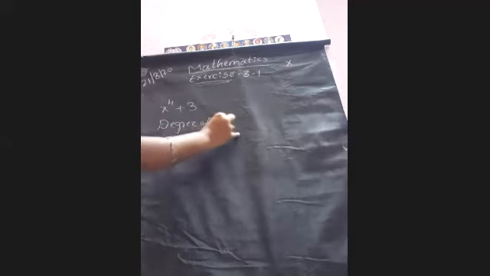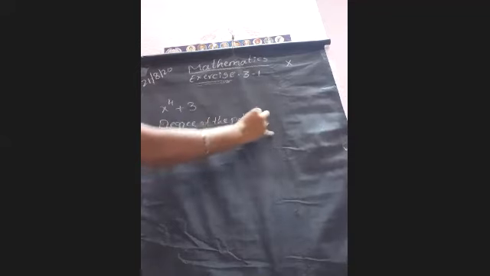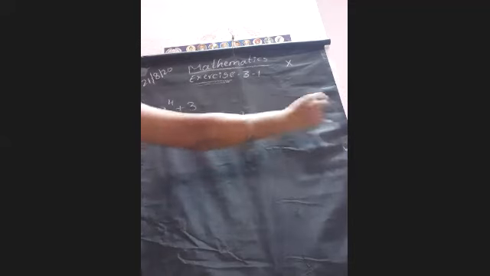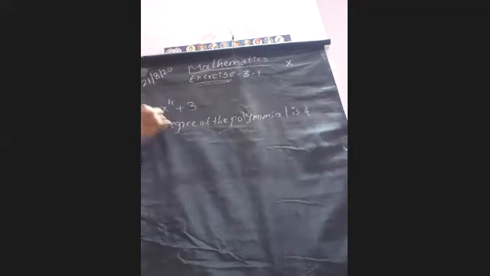What is the degree of the polynomial here? The degree of the polynomial is 4. But when we check the expression, what will it come as? It comes as a linear expression.